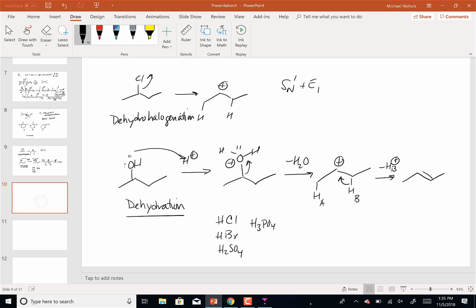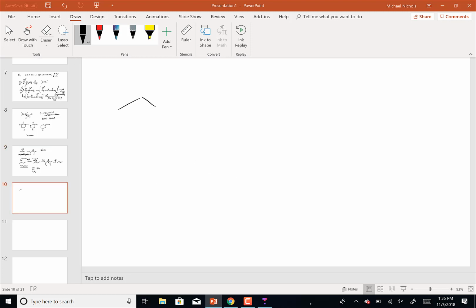So what we did last week, which you were asked to write the mechanism on, good thing the TAs are grading that. Good thing I gave them a bunch of red pens. We protonated the OH.